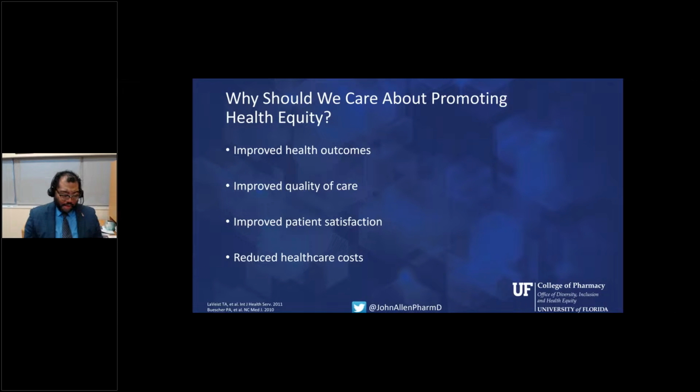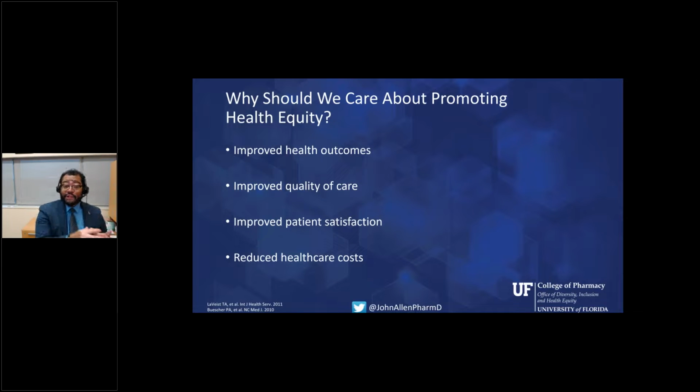Why should we care about promoting health equity? Oftentimes when we talk about health disparities and about patients presenting to the hospital in worse condition, that's largely driven by outpatient management, right? And as inpatient practitioners, we treat patients as they come in the door, right? But we know that better promoting and working towards health equity is important, at least to improve health outcomes.